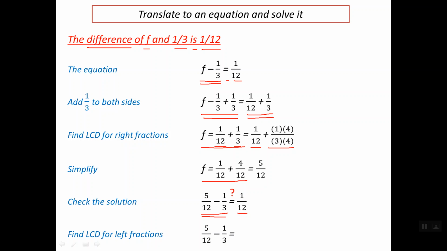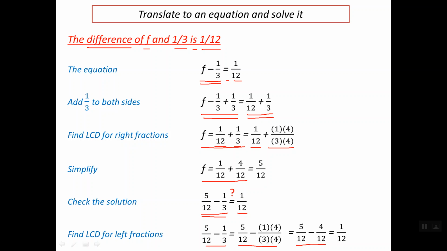So 5 divided by 12 stays as it is, and we change the denominator of the second fraction from 3 to 12, so we multiply by 4. The result is 5 divided by 12 minus 4 divided by 12.